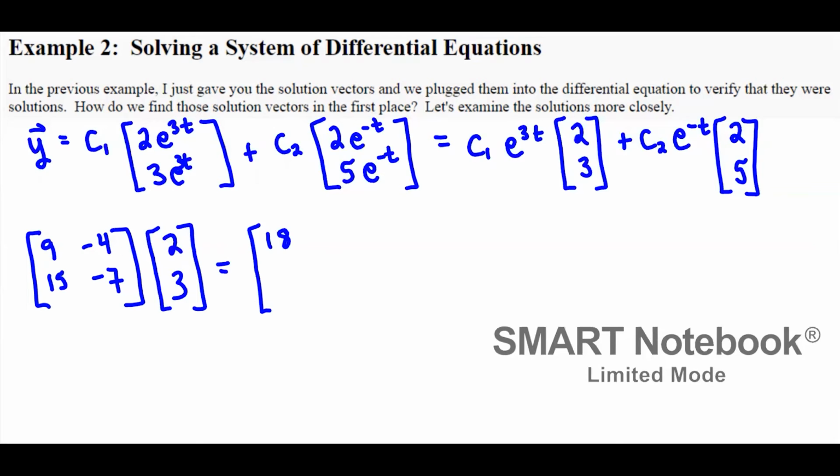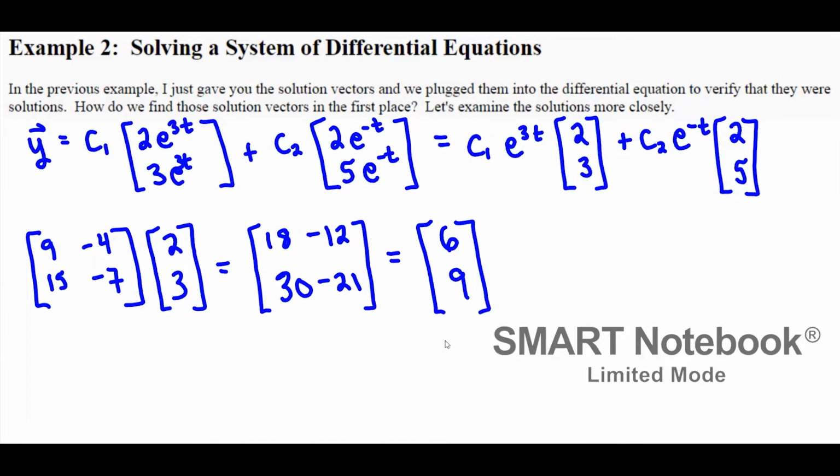Negative 4 times 3 is negative 12. 15 times 2 is 30. Negative 7 times 3 is negative 21. And what I get is the vector 6, 9. And what's special about 2, 3, and 6, 9? This is 3 times the vector 2, 3.